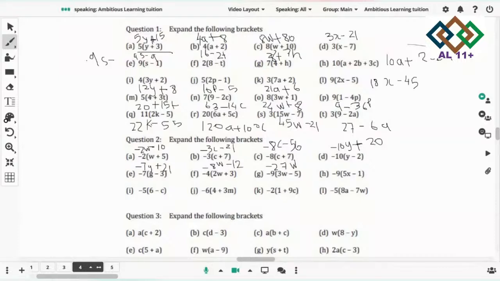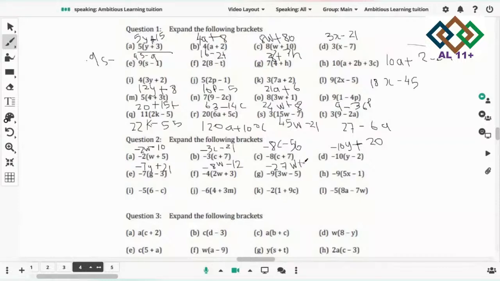You didn't get it then. You will not write minus 45. You will write plus 45, because remember the sign changes, because when you have minus and minus, that becomes plus.